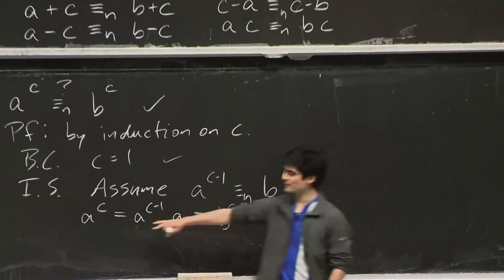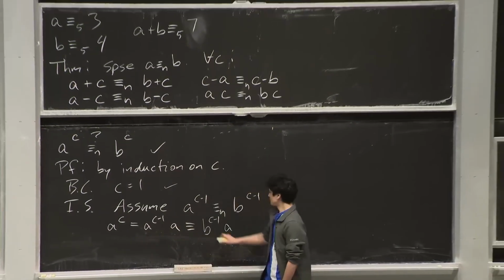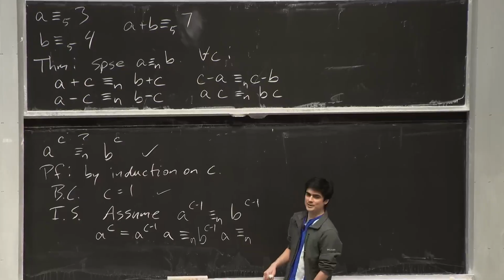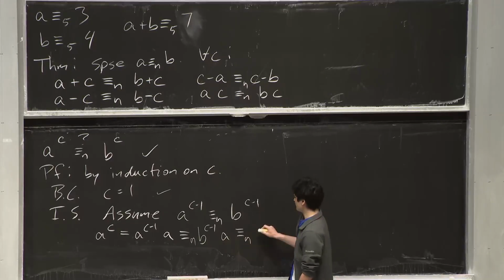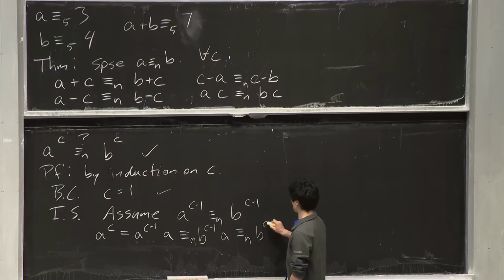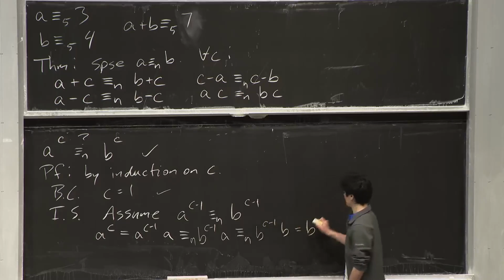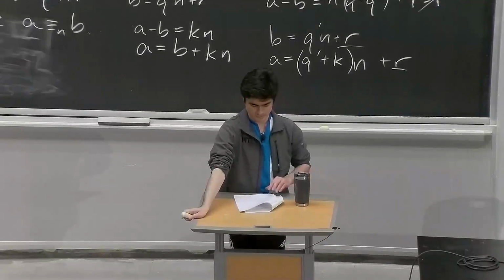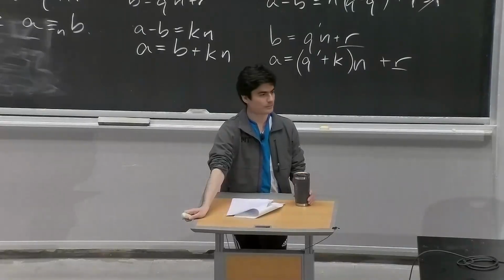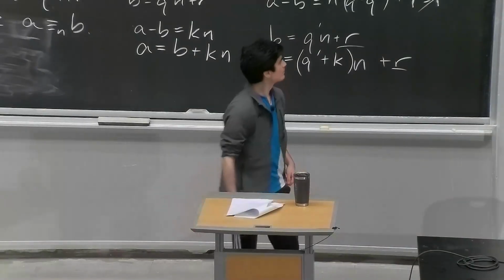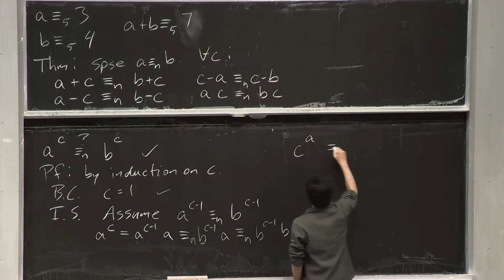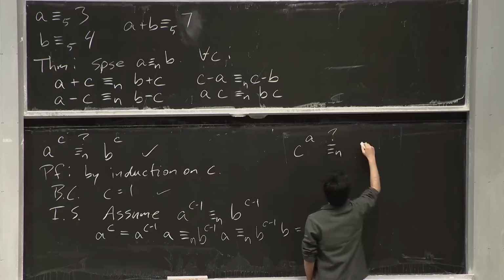We can replace this factor, and now, by our theorem assumption, we can replace this factor as well. Does that make sense to everybody? Okay, what about c to the a and c to the b?